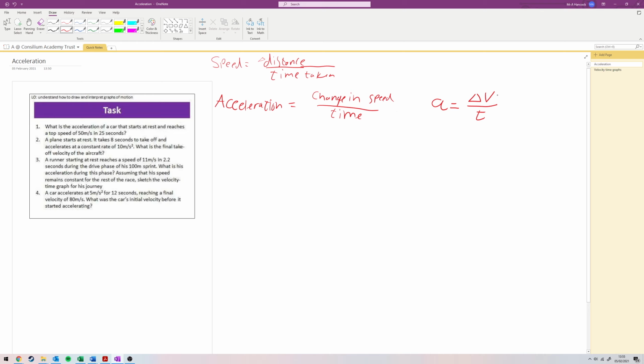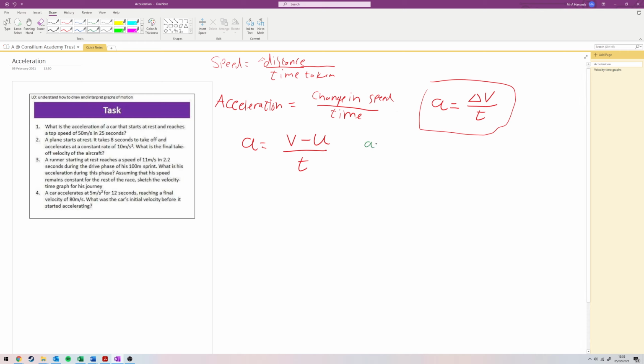Now we'll take this one further and we're going to write it like A equals V minus U over T. We know A equals acceleration, so let's get a different coloured pen and write what each one means.